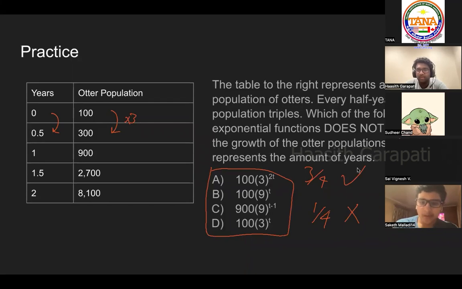If we're saying t represents the amount of years and we're thinking from the perspective of how much it is going to increase by 1 year, we have to look at a growth interval like this from 0 to 1 to 2. And how much is it really increasing by? It's really increasing by 9. Same thing goes for the second one, 900 to 8,100 multiplied by 9.